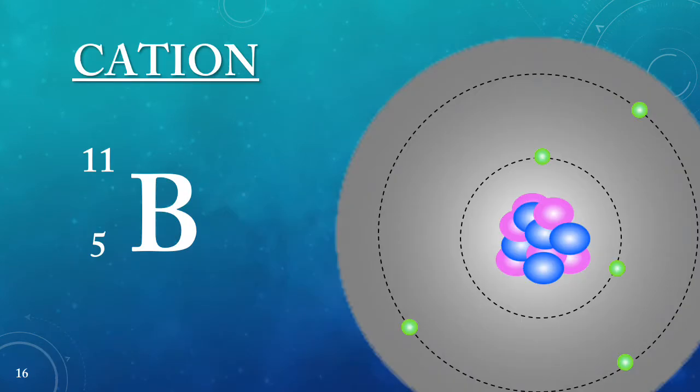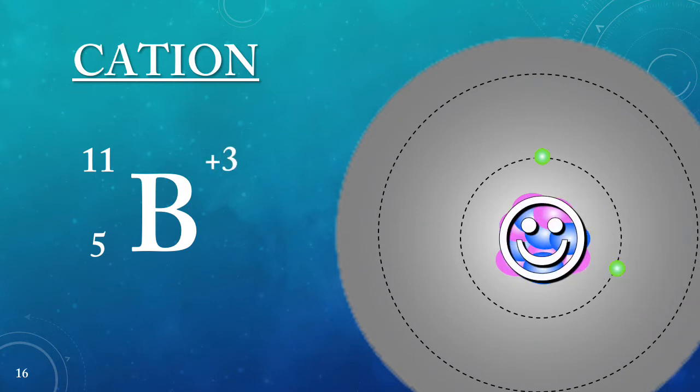So, how does an atom become happy? Okay, well, it's going to actually end up losing its electrons. So there's 1 that's lost for boron. There's 2 that's lost. There's 3 that's lost. Now, boron has only 2 valence electrons.